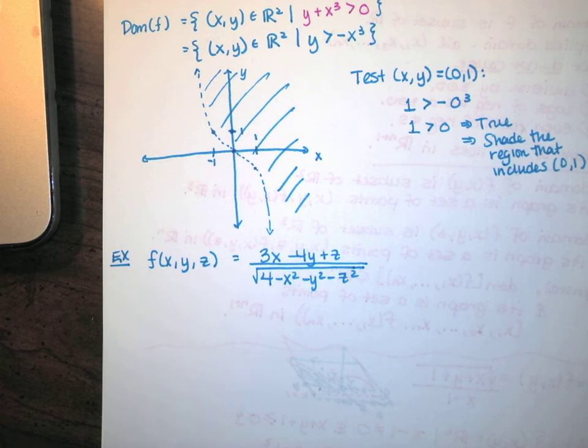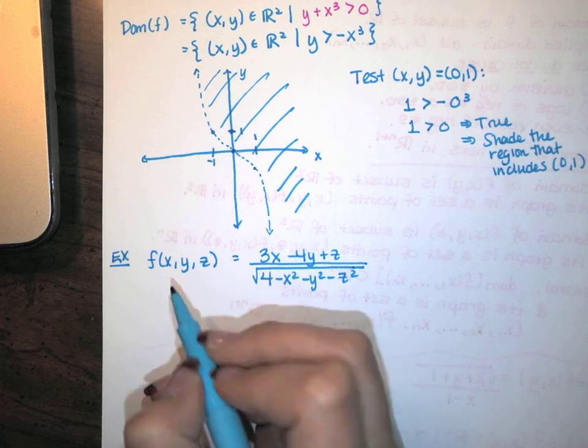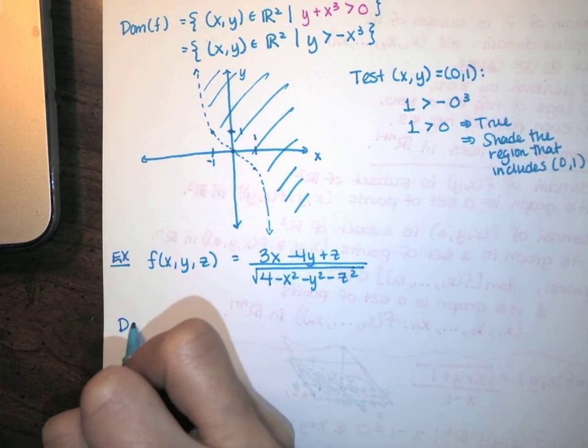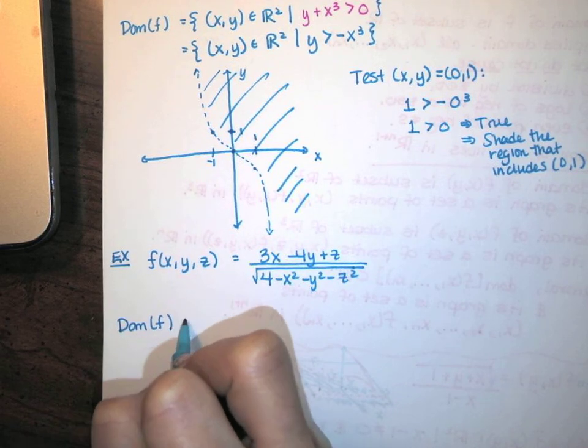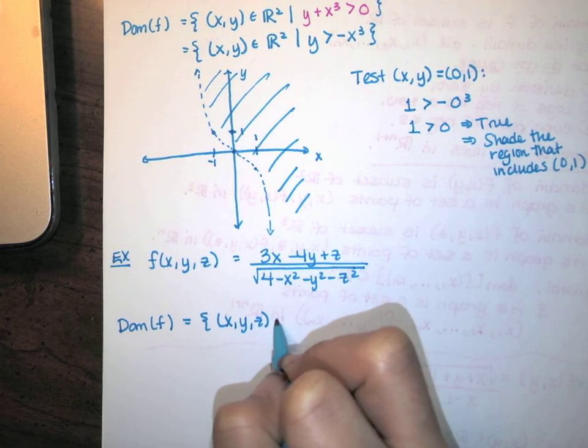So our domain this time, if I want to sketch it, is not going to be a domain in the xy plane. It's going to be a domain in 3-dimensional space, because I've got 3 independent input variables and a single real number output variable. So the domain of f this time is a set of ordered triples, x, y, z, in R3.